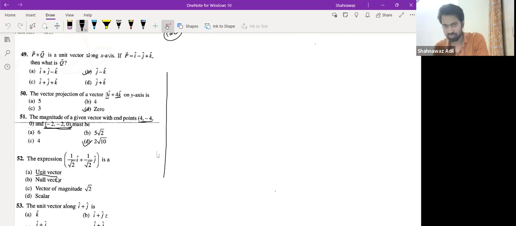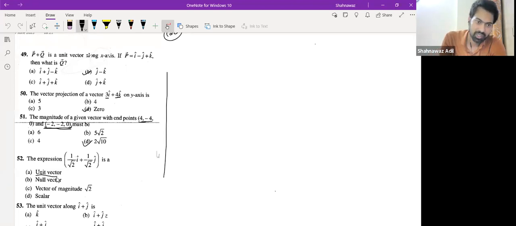Zero I cap is in the direction of I cap, in the direction of x. So the origin of any coordinate system, zero, zero, zero, is a null vector, right?